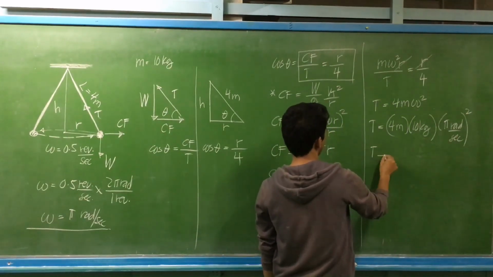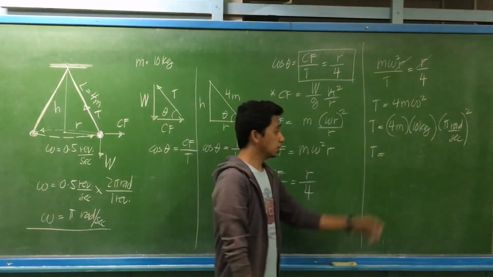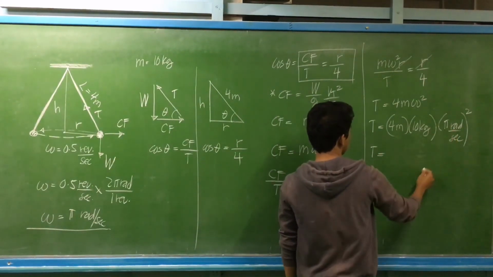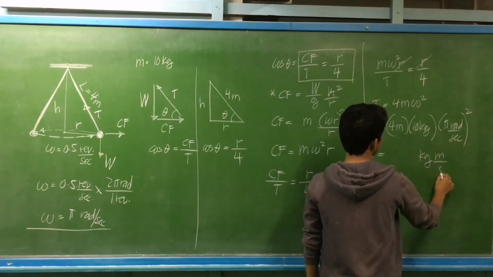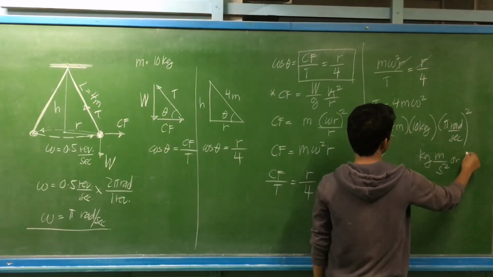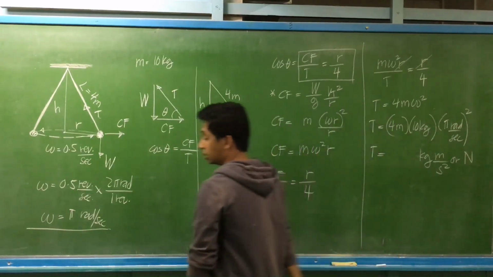What will be the unit? Radian is unitless, so this is kilogram meter per second squared, which is the same as newtons.